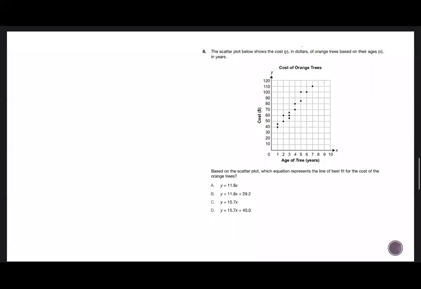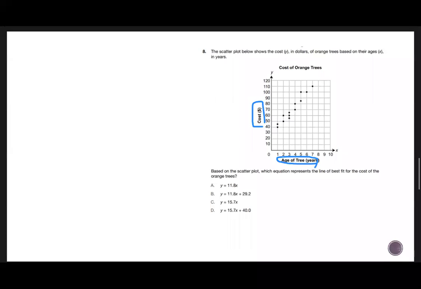Now we have a multiple choice problem with a scatter plot that shows the cost, y in dollars, of orange trees based on their ages, x in years. Based on the scatter plot, which equation represents the line of best fit for the cost of the orange trees?